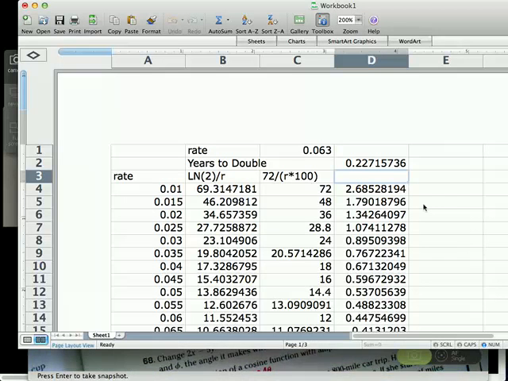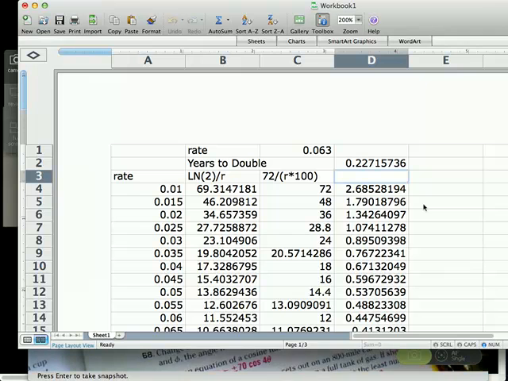Right, so ln of 2 is 0.69. So I wonder, that's weird. We'll have to consider some of this stuff later. But it does end up being okay-ish, within a tolerable range, depending on what you tolerate for being off. So it's kind of an interesting little rule they have.